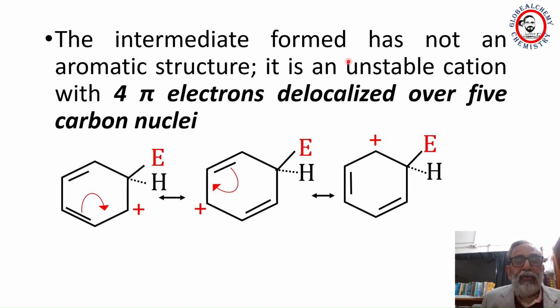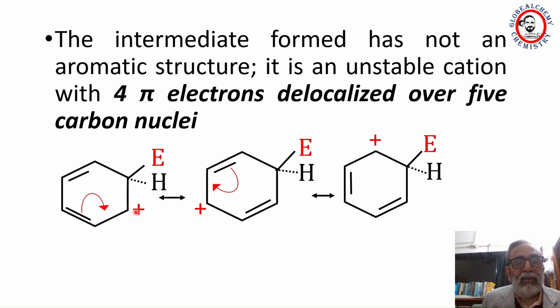The intermediate formed does not have an aromatic structure. It is an unstable cation with only 4 pi electrons. Benzene has 6 pi electrons. It is doubly allylic and it has 4 pi electrons that are delocalized over 5 carbon atoms.